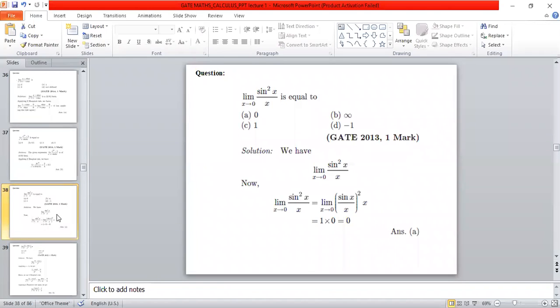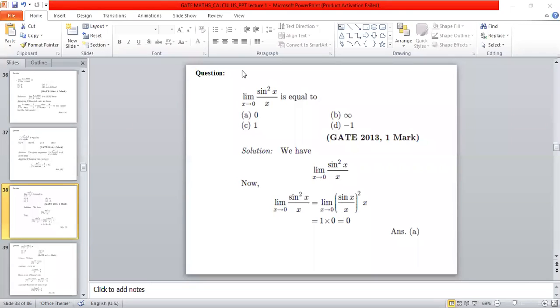Next is sine square x upon x, limit x tends to 0. Sine square x, I can write as (sine x) whole square, upon x. But we want to write it in sine x upon x form, so we'll write (sine x upon x) whole square.